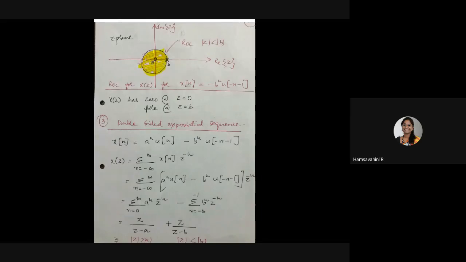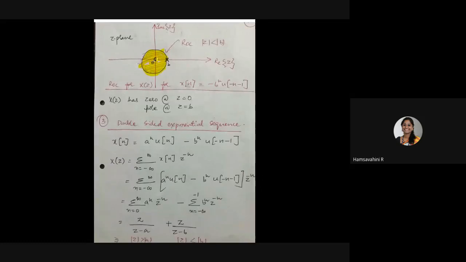So what we can conclude is that for both exponential sequences, whether positive or negative, we get the same z transform expression. But the ROC is exterior for a positive going exponential and interior for a negative going exponential.